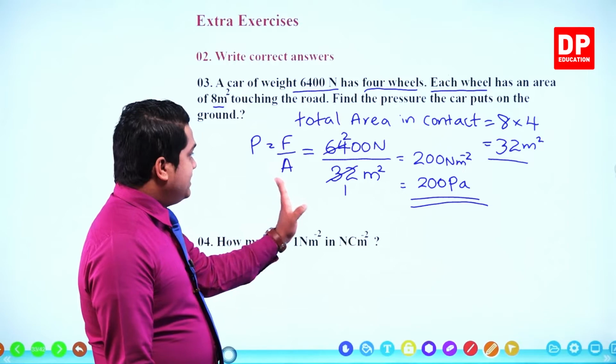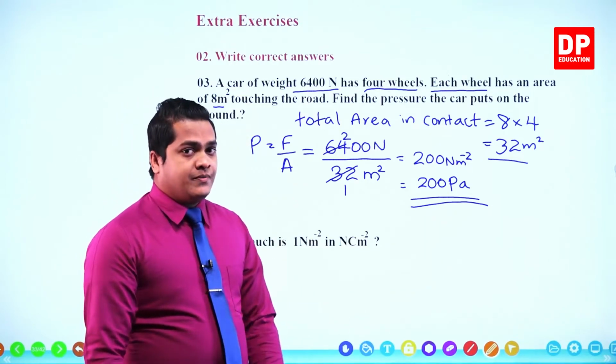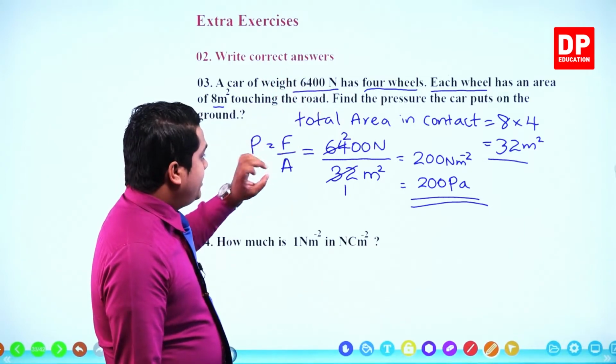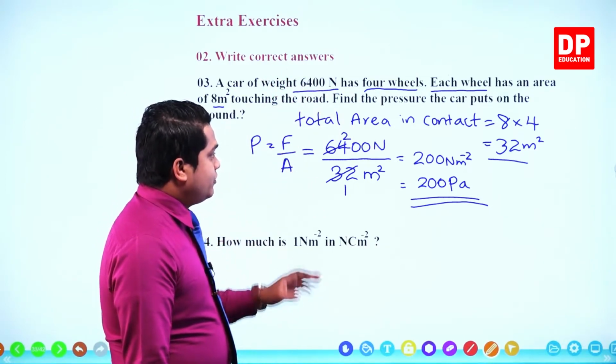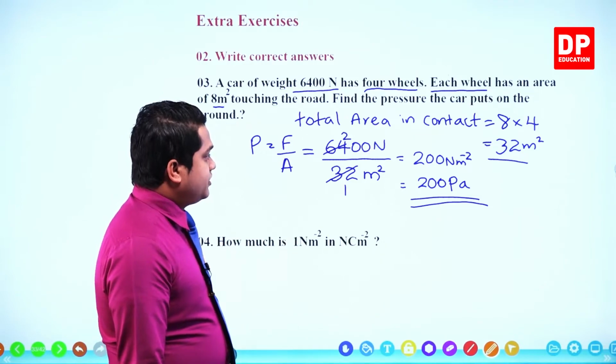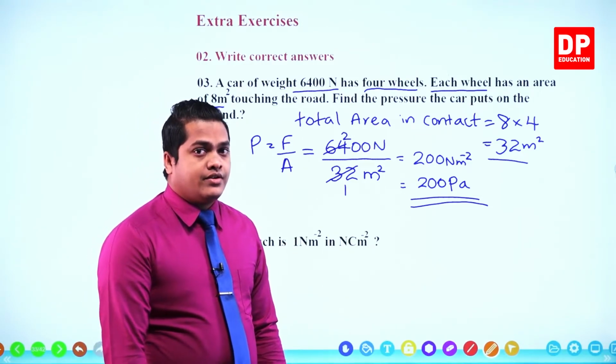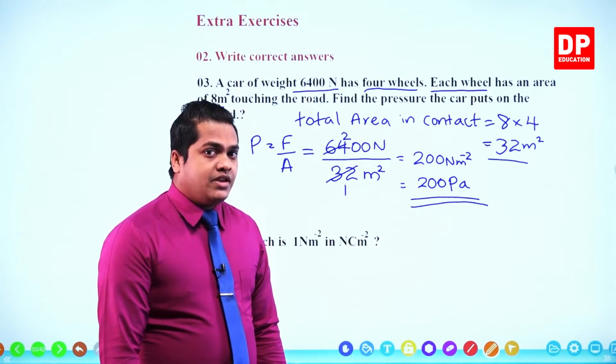Force upon area is the one which is referred to as the pressure. So the entire force exerted is 6,400, area is 32, and 6,400 divided by 32 equals 200 pascals or 200 newtons per square meter.